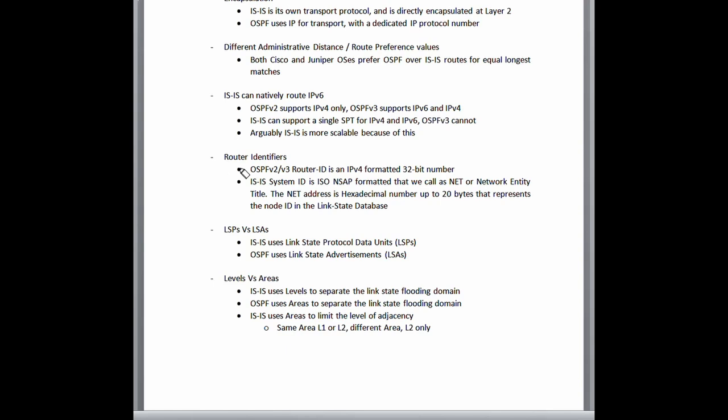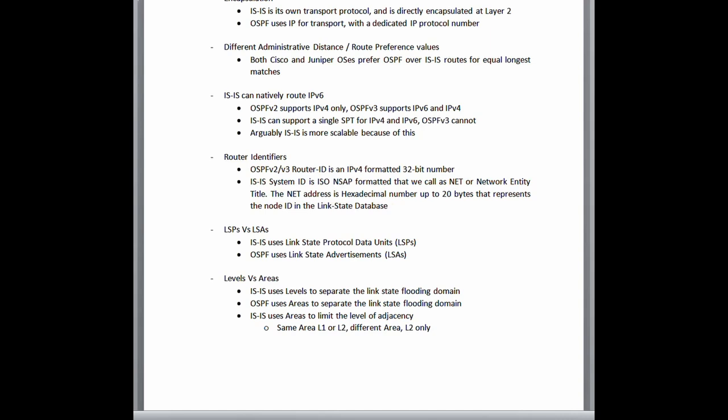Also, in OSPF, the router ID is a 32-bit IPv4 formatted number, whereas in ISIS, the system ID is an ISO NSAP formatted hexadecimal number, which can be up to 20 bytes in length, that represents the node ID in the link state database.